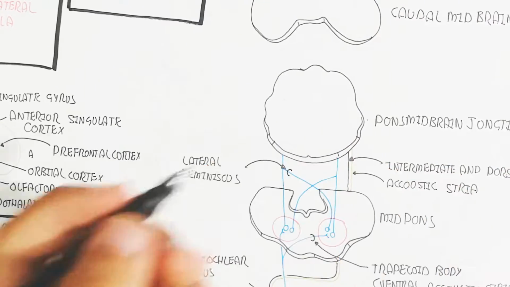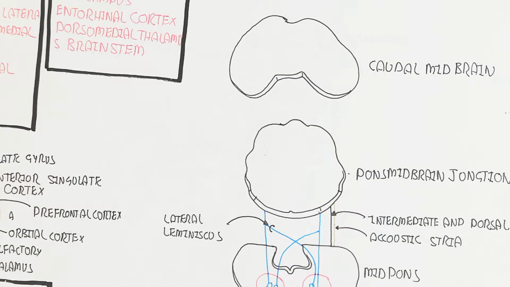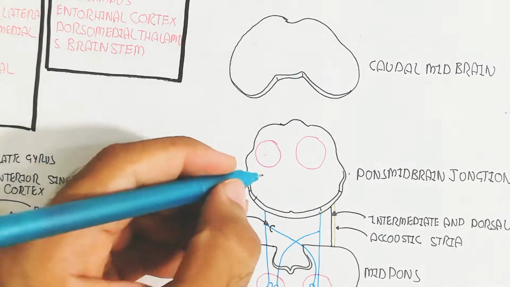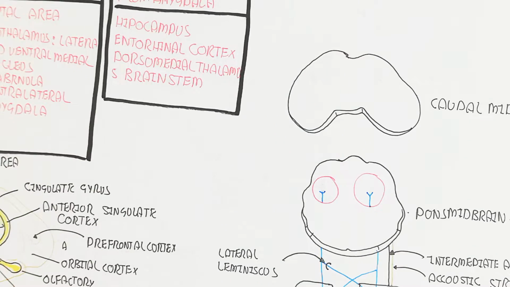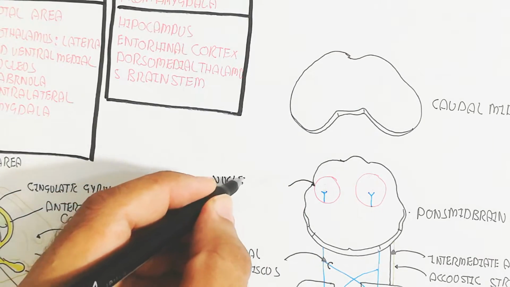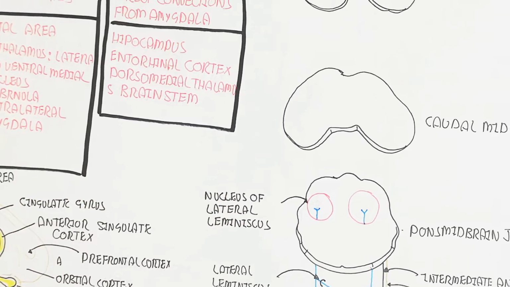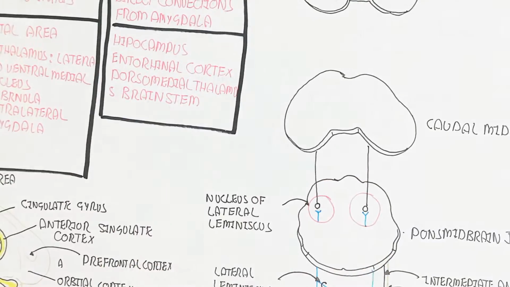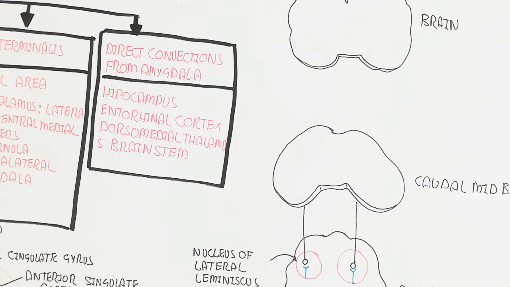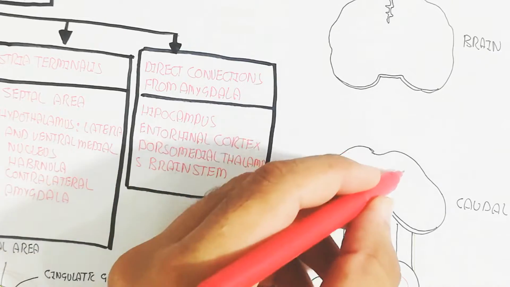So this is the intermediate and dorsal acoustic stria, containing nerves which go upward to the inferior colliculus in the caudal midbrain, which transmits the signal in the caudal midbrain.